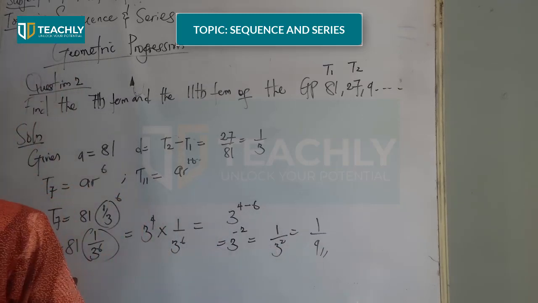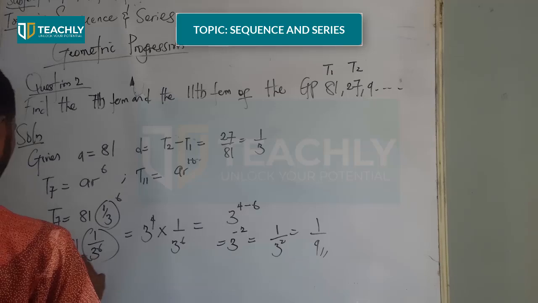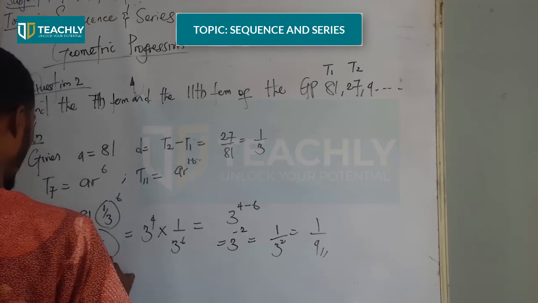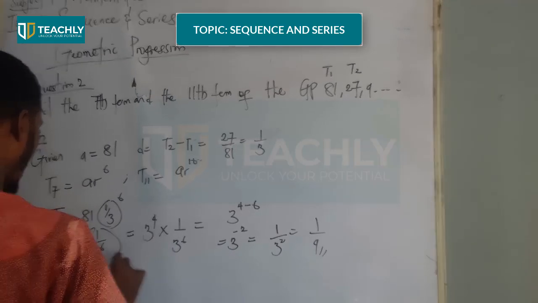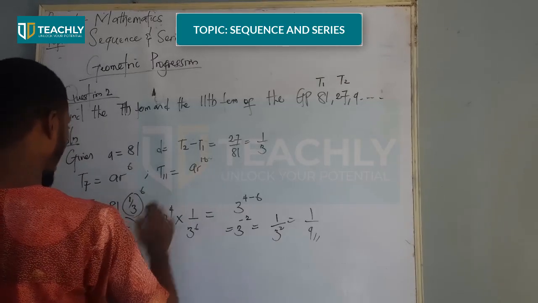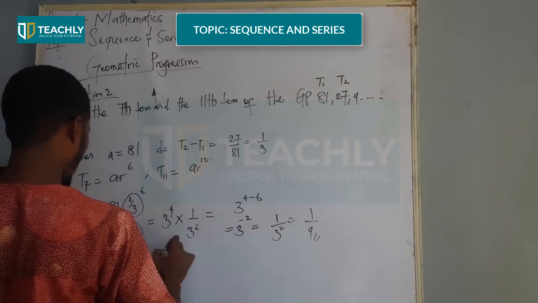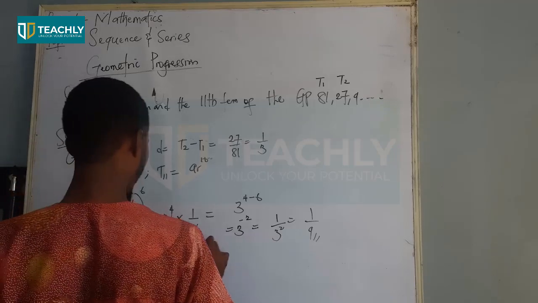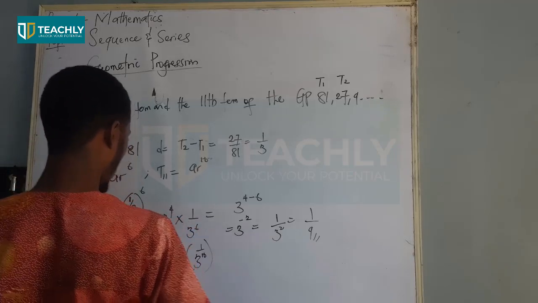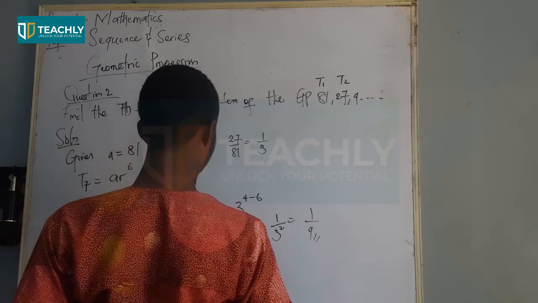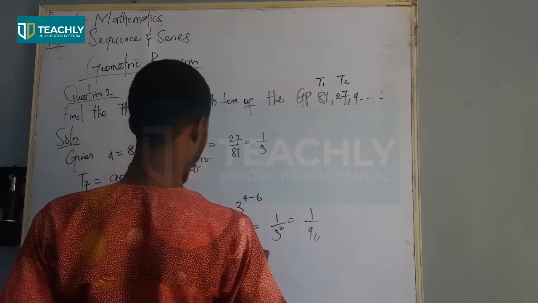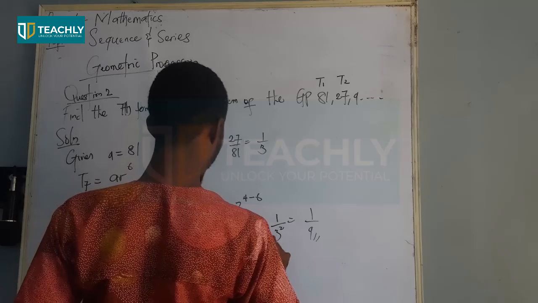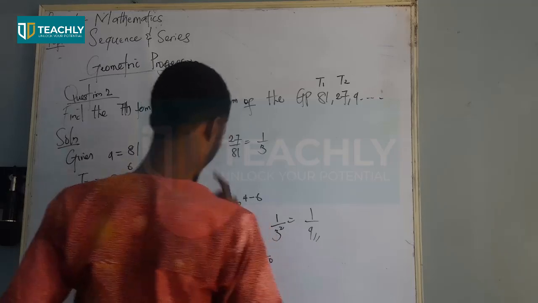Now for T11. T11 is going to give me 81, and then 1 over 3 to the power of 10. So 81 and then 1 over 3 raised to the power 10. Like this one, we have 3 raised to the power 4 times 1 over 3 raised to the power 10.